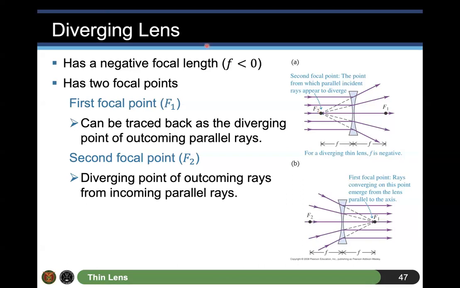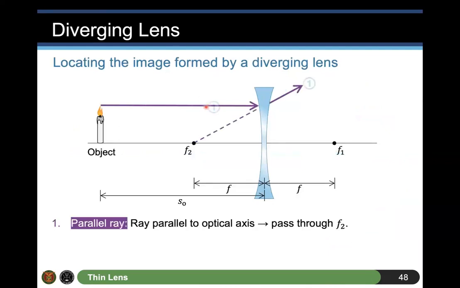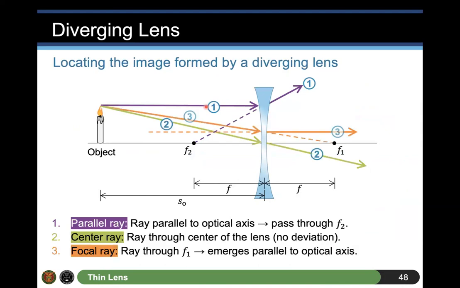Here, important to note, for a diverging lens, the focal length is negative, and R is also negative. So how do we locate the image formed? We still have three principal rays: the parallel ray, the central ray, and the focal ray. Where the sight lines, or the diverging lines, intersect, that's where the image is formed.